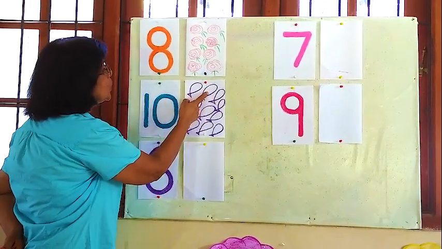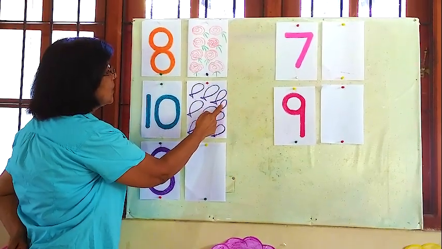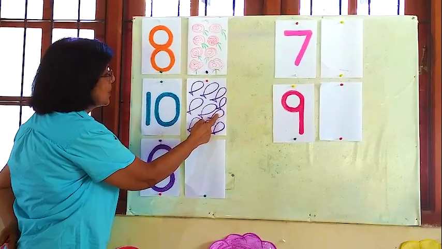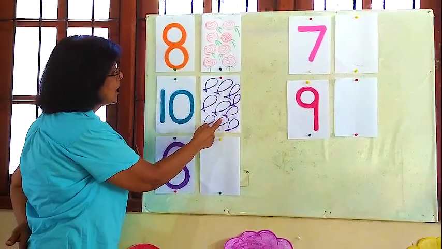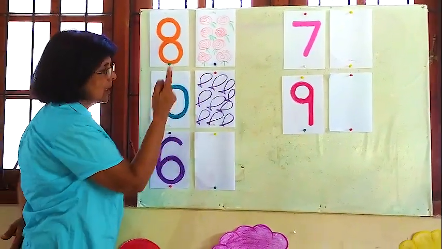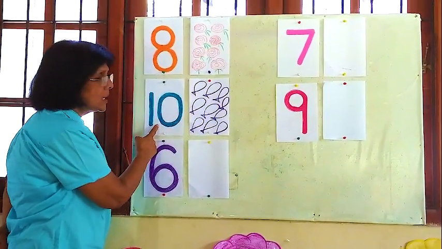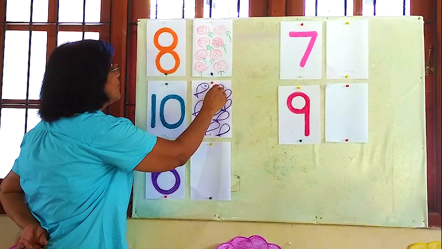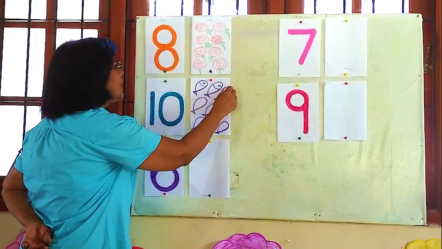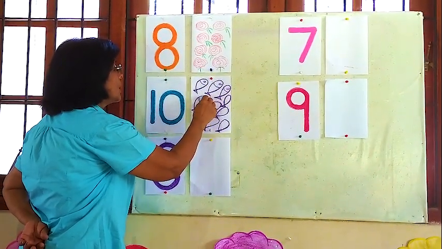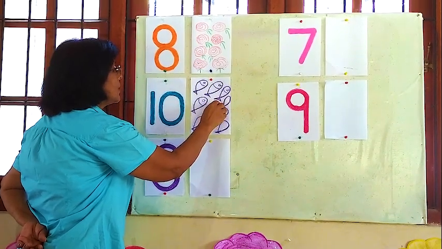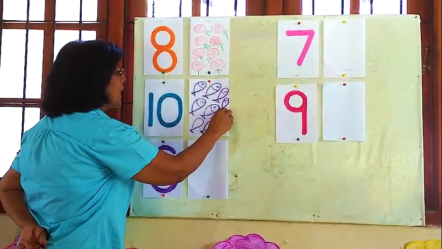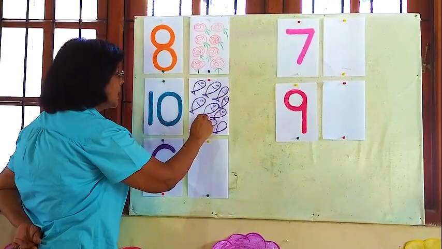1, 2, 3, 4, 5, 6, 7, 8, 9, 10. What is the number here? 10. For number 10, 10 fish here. Right? You can draw anything that you like.